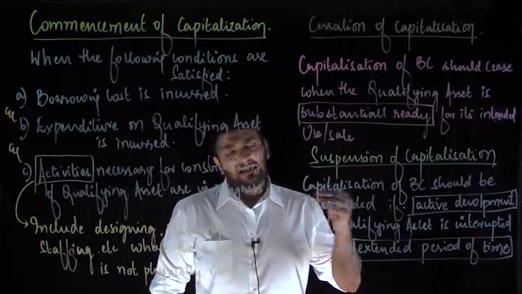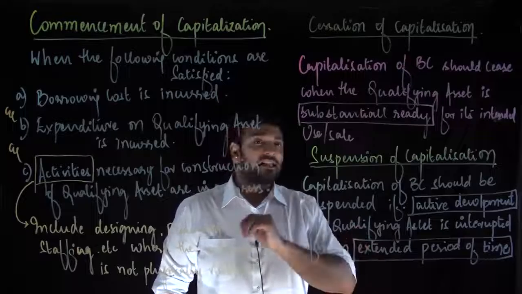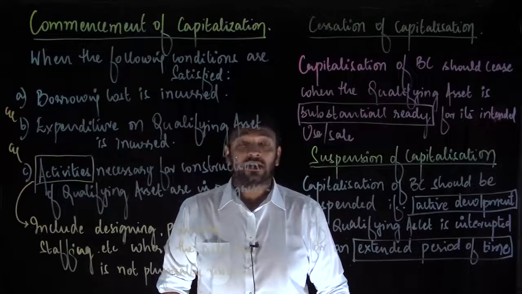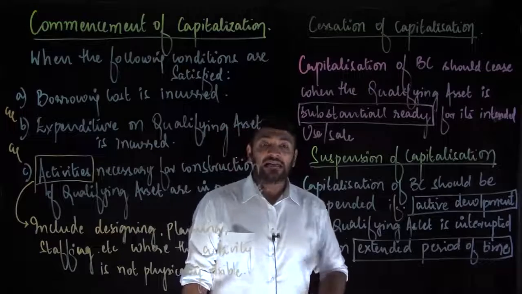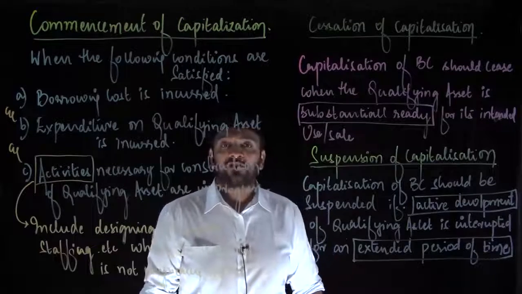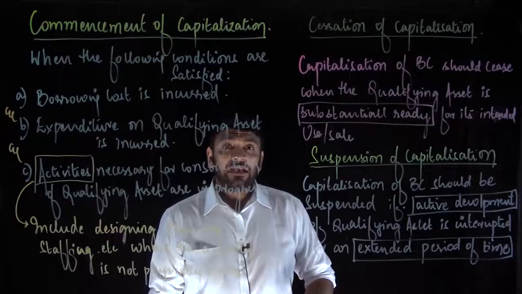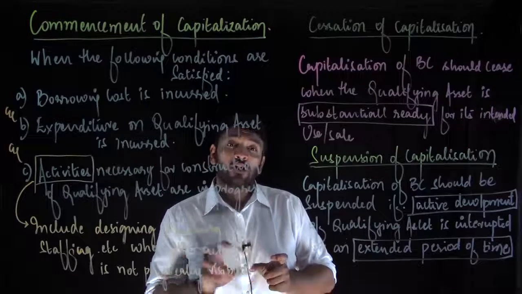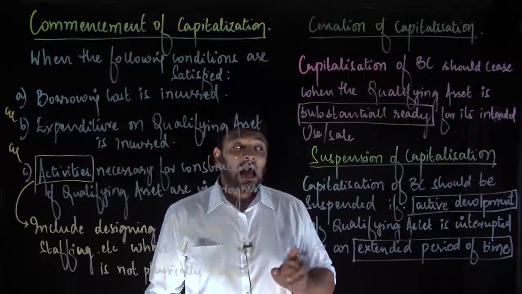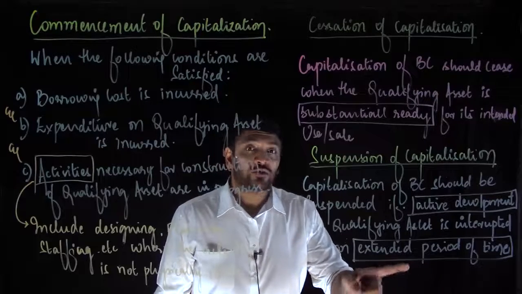Gandhi Jayanti, Independence Day, this Jayanti, that Jayanti, ultimately put together another 20 to 30 days. So about 120 days out of 365 days, I haven't done any active development of the asset. So that means to the extent of these 120 days, the amount of borrowing cost should be charged to P&L had these words not been used.